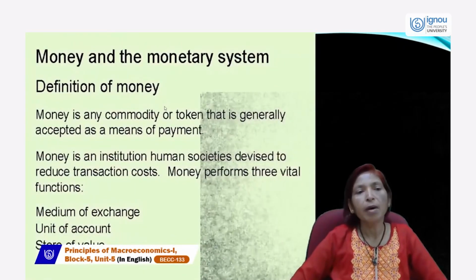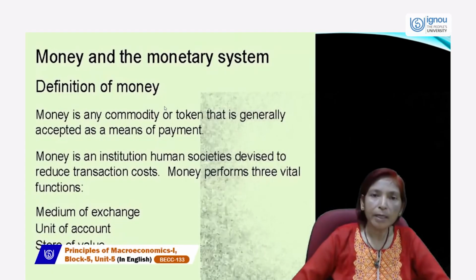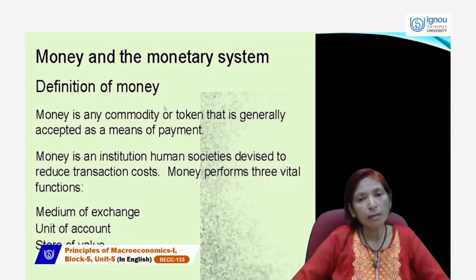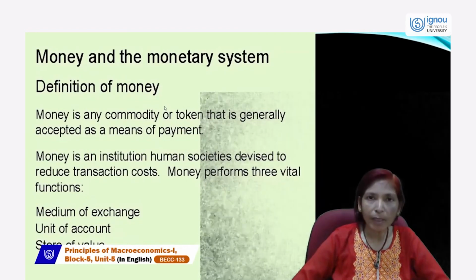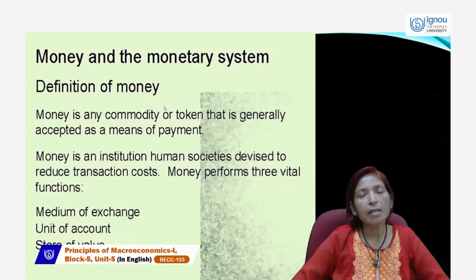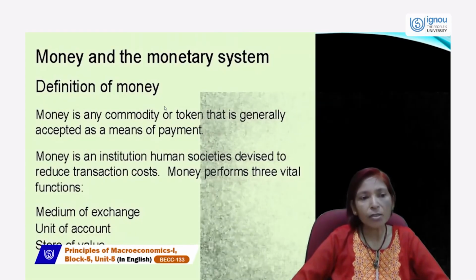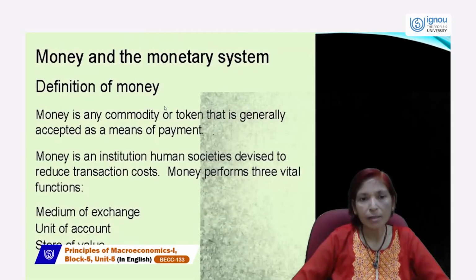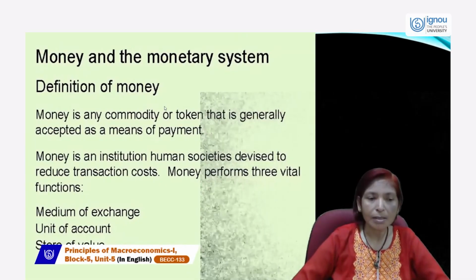Now, money and the monetary system. Money is any commodity or token that is generally accepted as a means of payment. Money is an institution human societies devised to reduce transaction cost. Money performs three main vital functions.